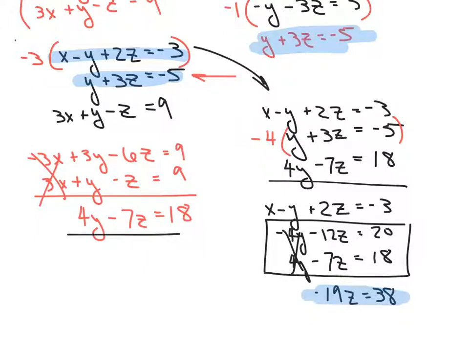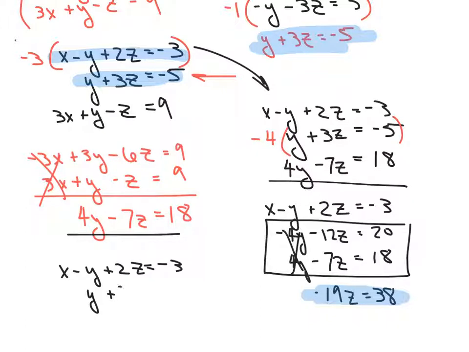Alright, so what do we have locked? I'm going to do this in black here. We have x, whoa, I'm sorry, I did it in highlighted black. Alright, let's do it in regular old black. So we have x minus y plus 2z equals negative 3.